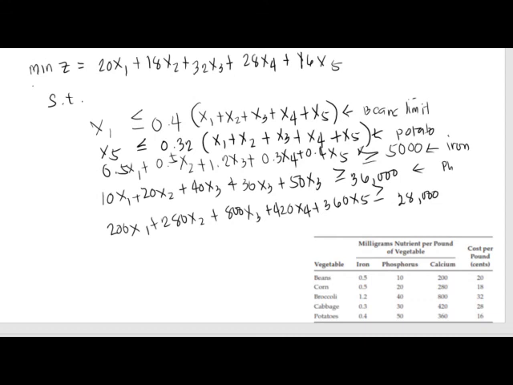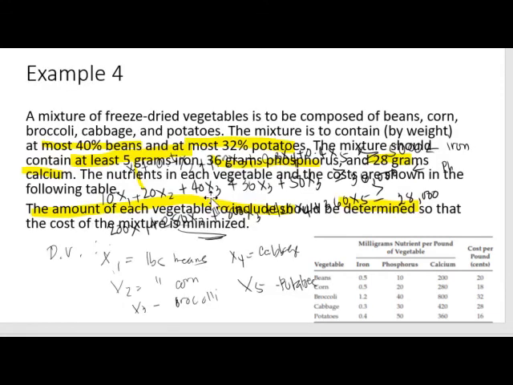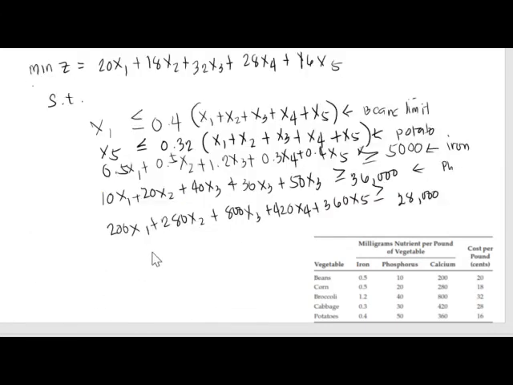Okay, recheck natin kung meron tayong naiwan. Cabbage. Wala na. Therefore, ang kulang na lang natin ay non-negativity constraints. Okay, so this is your objective function and your constraints.